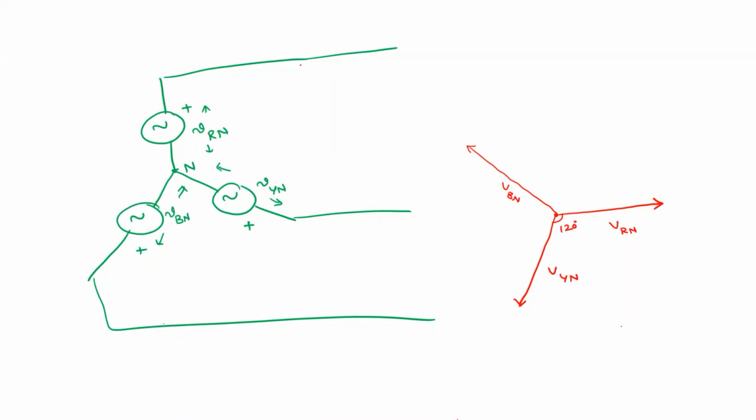So now, this one is the line voltage, the voltage between R and Y. Now tell me, if you apply KVL, what is VRY?